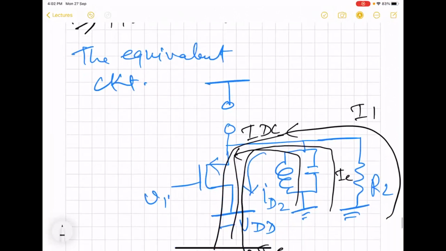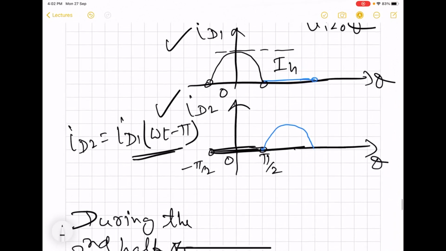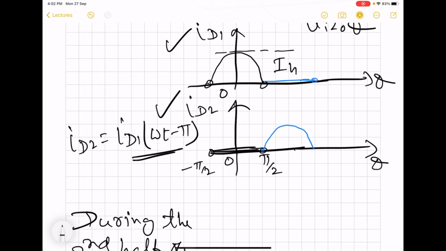So we see that in this case, the second interpretation is that the MOS 1 provides one half of the sinusoidal function to the load network, and the second half is provided by the MOS 2.